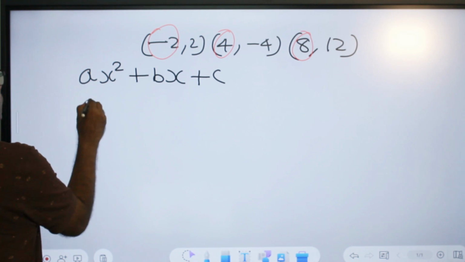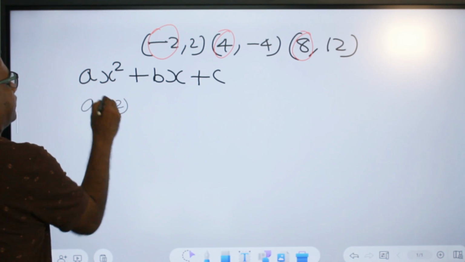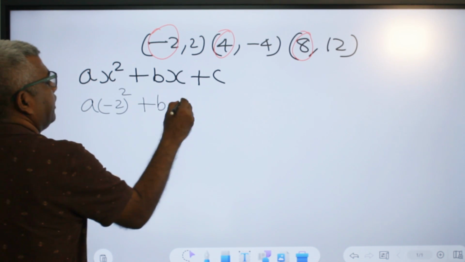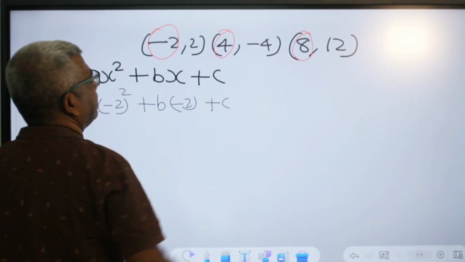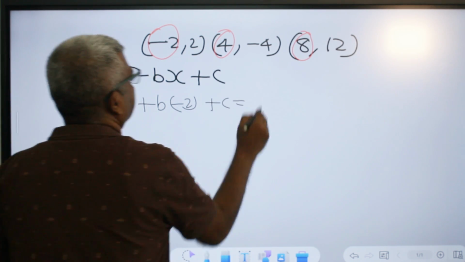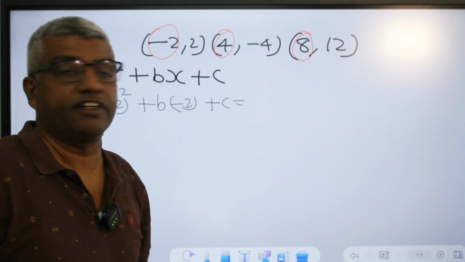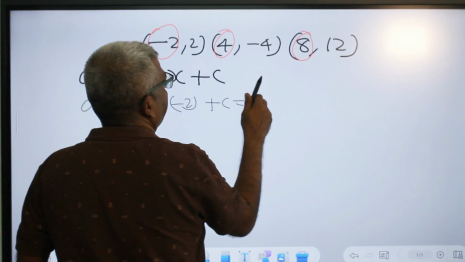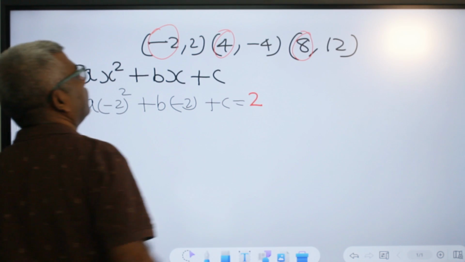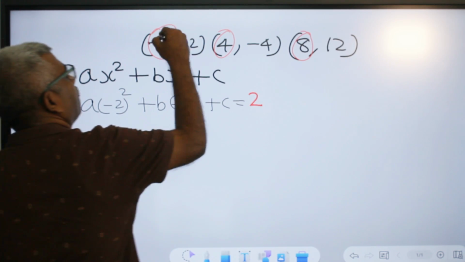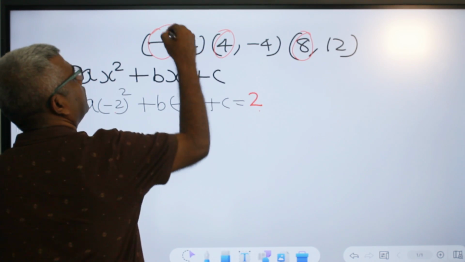Okay, so a(minus 2) whole square plus b(minus 2) plus c is equal to what? When you substitute x values in the quadratic equation, this gives the y value. The y value is 2. For minus 2, it is 2.